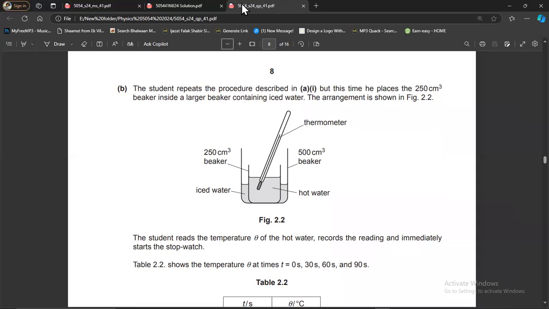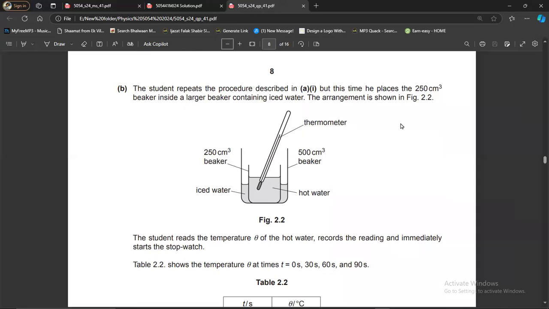So now when you put hot water in that smaller 250 centimeter cube beaker, it will be surrounded by the iced water. Now, this time, the temperature difference between that hot water and the ice water obviously will be larger than the temperature difference between the hot water and the surrounding air.